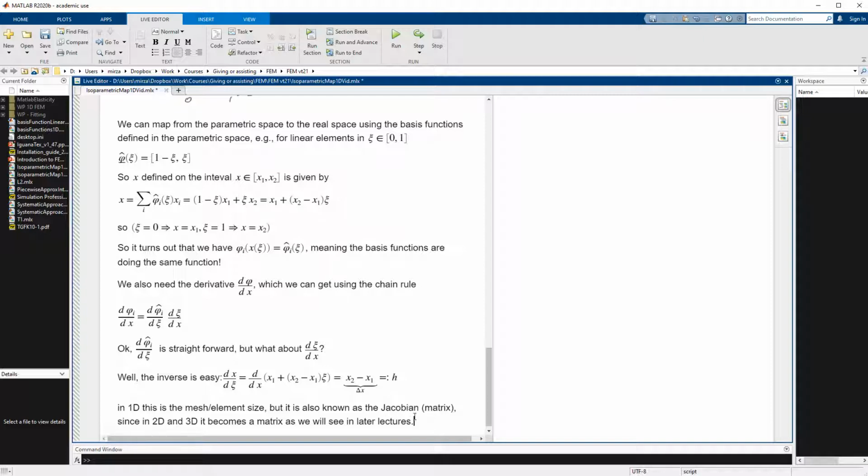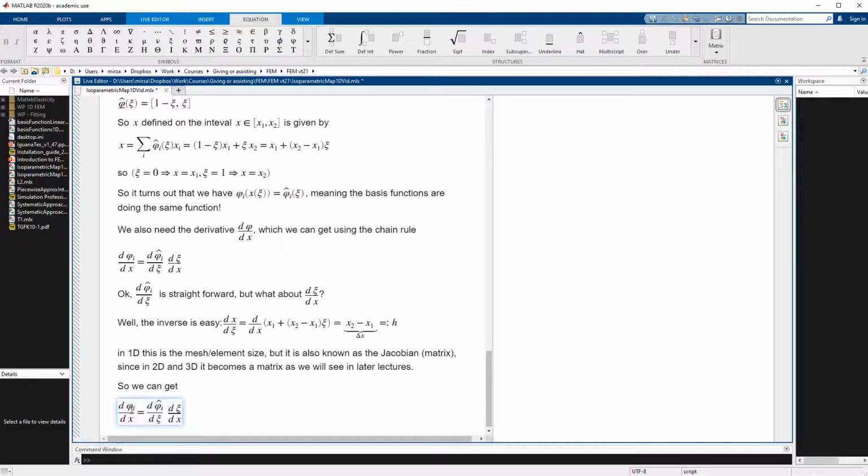And actually the Jacobian is a matrix, since in 2D and 3D it becomes a matrix, which we will see in future lectures. So we get that dphi_i/dx is equal to dphi hat_i/dxi multiplying dxi/dx, and dxi/dx is of course 1 over h, because we can just take the inverse of that. It's also known as the inverse of the Jacobian.